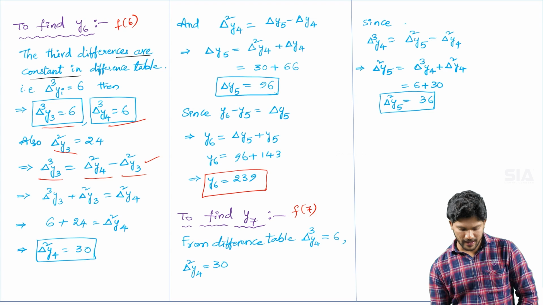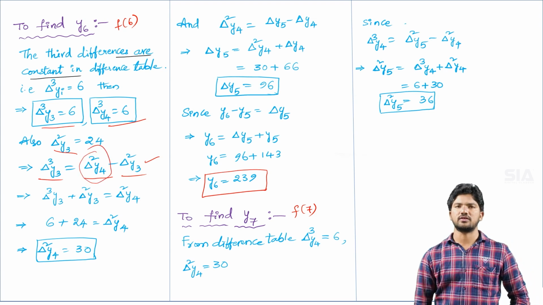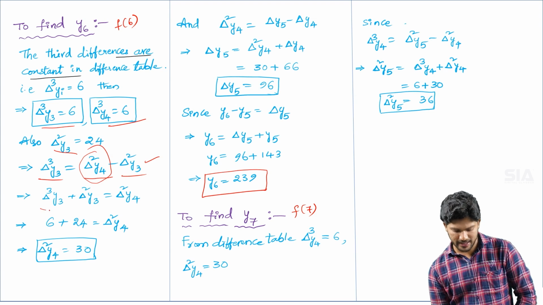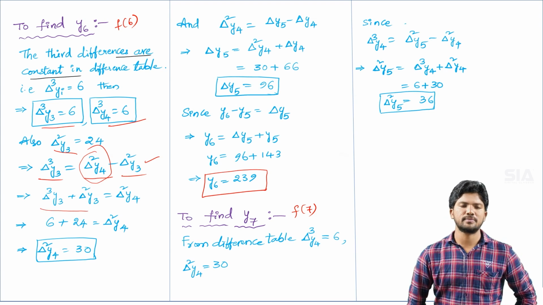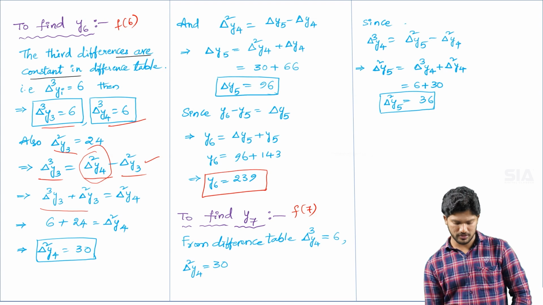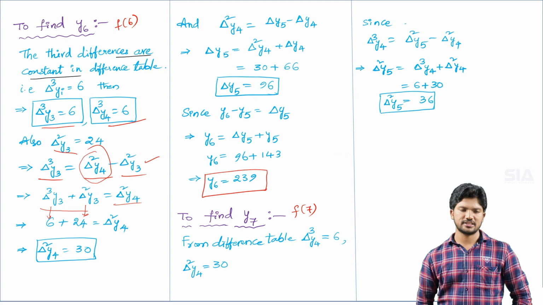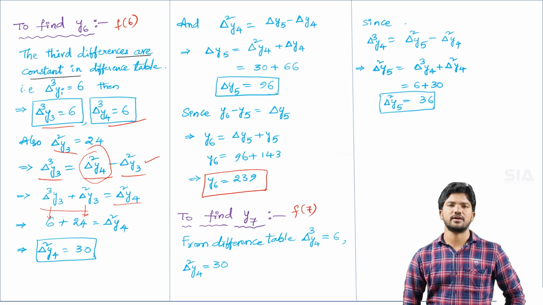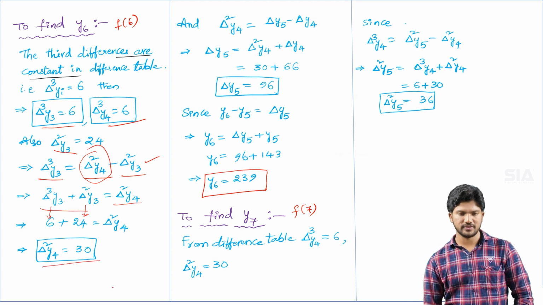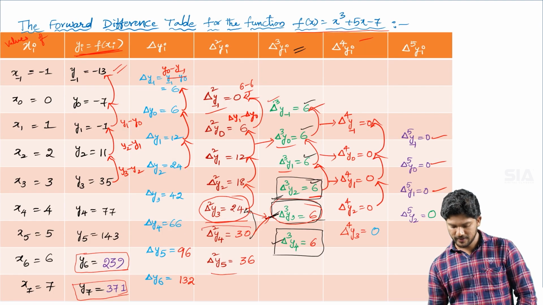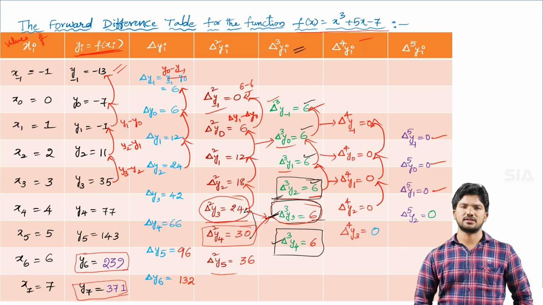Now we need delta square y suffix 4 value only. Send this value to LHS, then you will get delta cube y suffix 3 plus delta square y suffix 3 is equal to delta square y suffix 4. Substitute the corresponding values from the table, so you will get 6 plus 24 is equal to delta square y4. From that you can write delta square y suffix 4 is equal to 30.